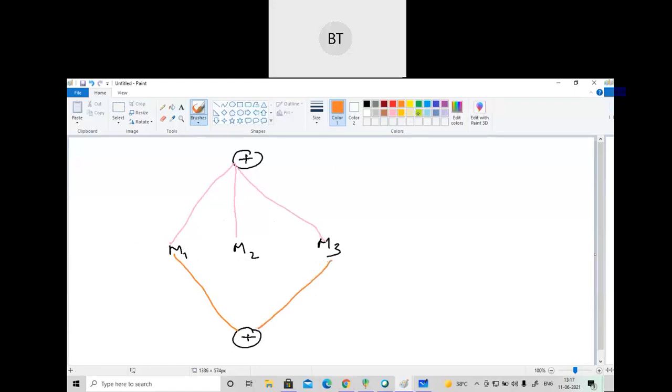From here you can see the input signal is coming. The value of the input signal is 10011, and these two are having XOR operation, and this is also having XOR operation. From here one code C1 is coming, and from here one code C2 is coming.